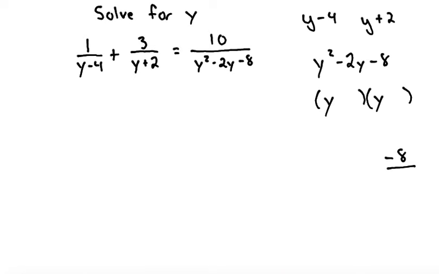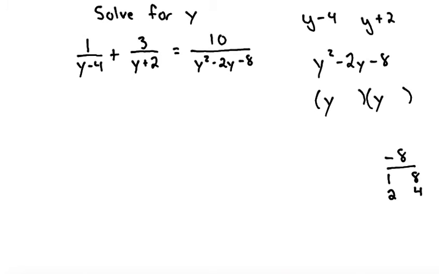So let's write some factors of negative 8. We always want to start with 1 and the number, so 1 and 8. 2 times what is 8? 2 times 4 is 8. So to multiply to get negative 8, we need one of the numbers to be negative, and we need those two numbers to also add to negative 2.